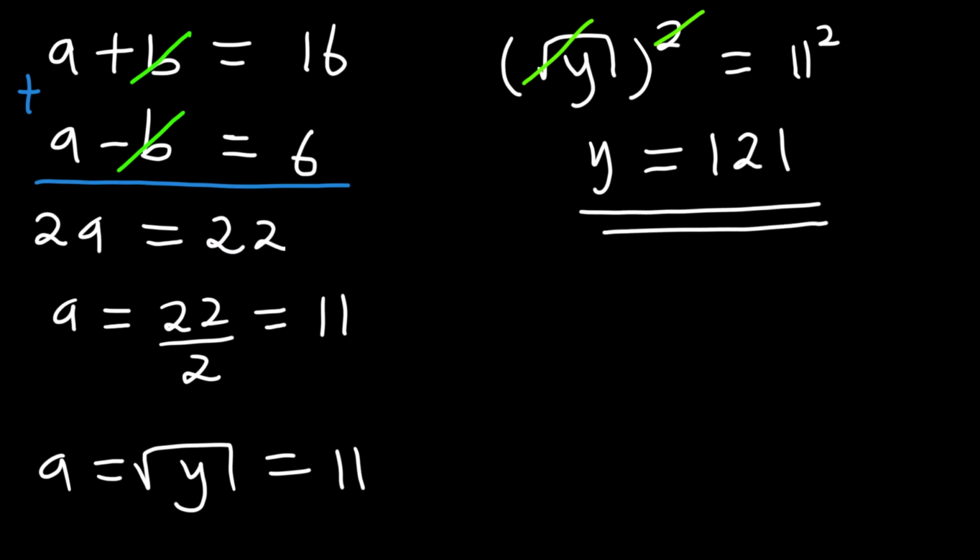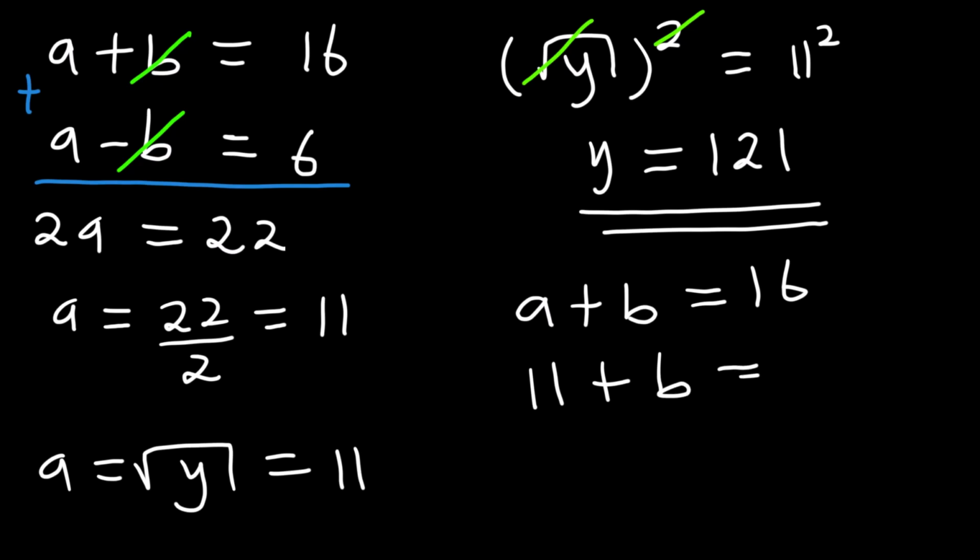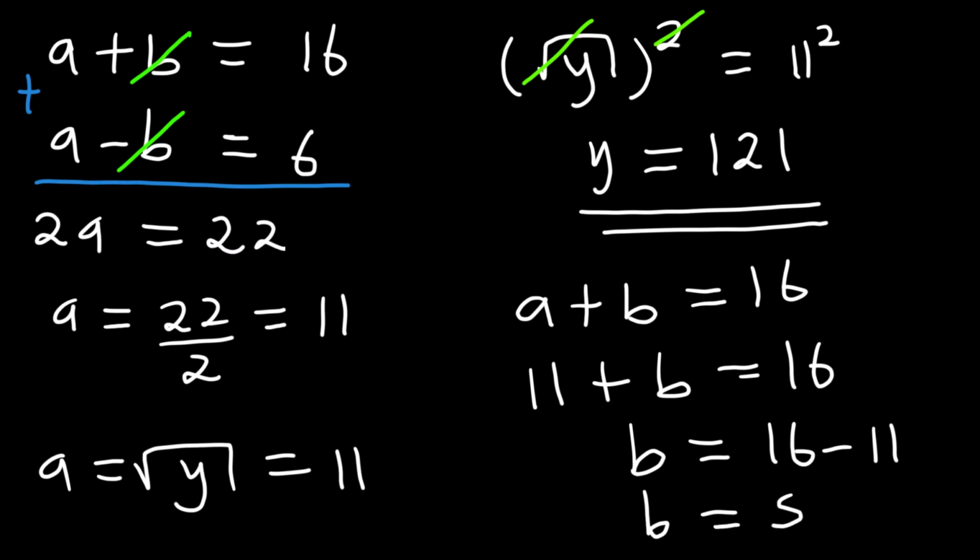And then from equation 2, we know that a plus b equals 16. And we found a to be equal to 11. So this will be 11 plus b equaling 16. And so b will be equal to 16 minus 11, which is 5.